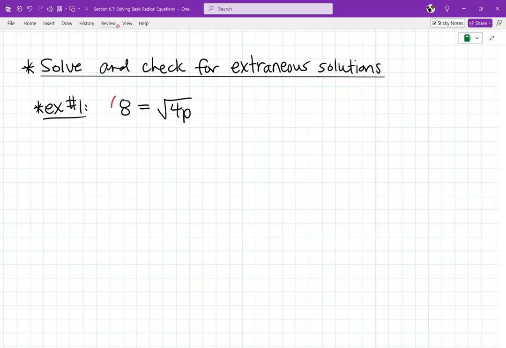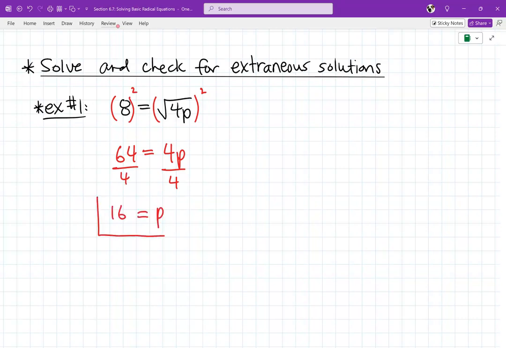Now 8 squared, that's 64. And the square root of 4p squared is just 4p. So in order to solve, I just divide both sides by 4. So p is equal to 16.